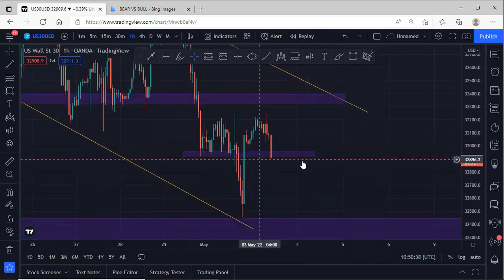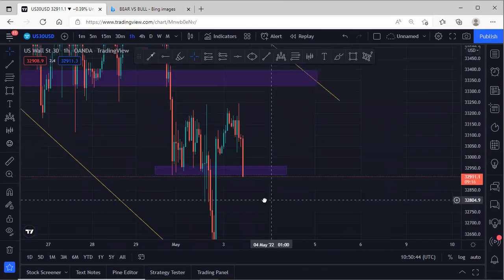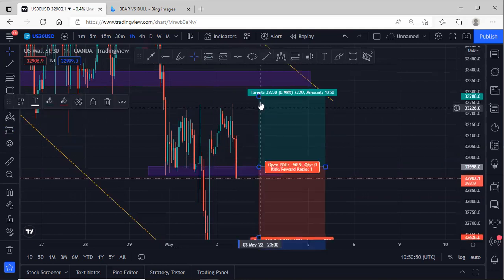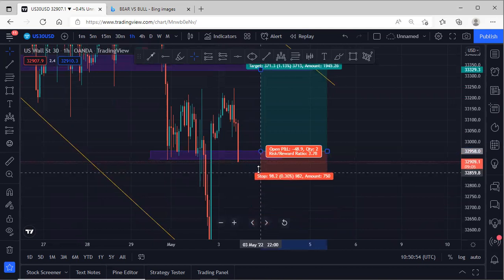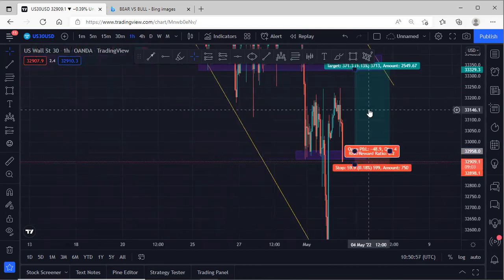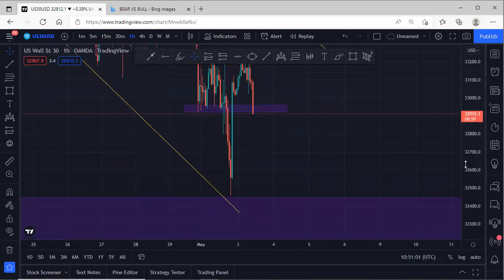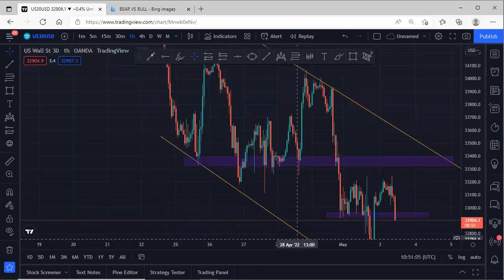If the market doesn't break this area, because it hasn't confirmed as yet, this candle hasn't closed, but if it does confirm and we are entering buys, we're going to enter buys from here to somewhere around here. These are short-term trades. But if it does break out of this area, now I know it's coming back to fill this imbalance in the market.